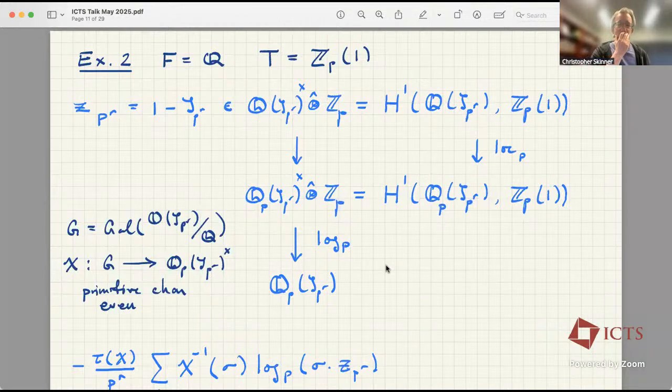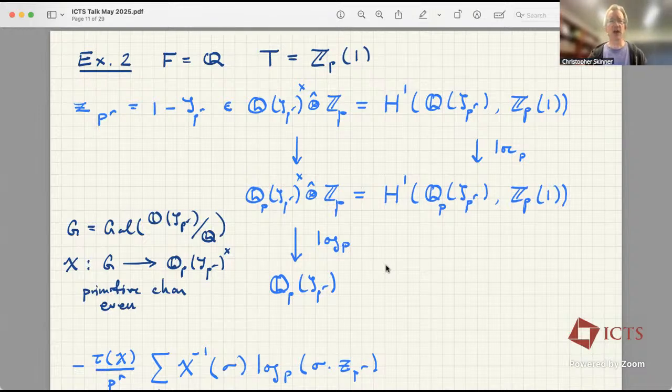All right, let's go back to an example. Well, actually, it's a new example. We're going to take F to be just the number field Q, and T to be now the lattice Z_p(1). So it's the Tate twist of Z_p, the Tate module of the p-power roots of unity. We're interested in cohomology classes. Let's look at a cohomology class over Q(zeta_{p^r}), where zeta_{p^r} is a primitive p^r-th root of unity.